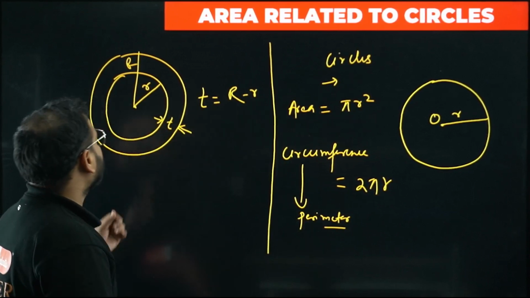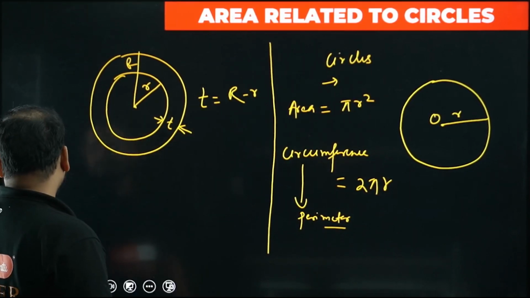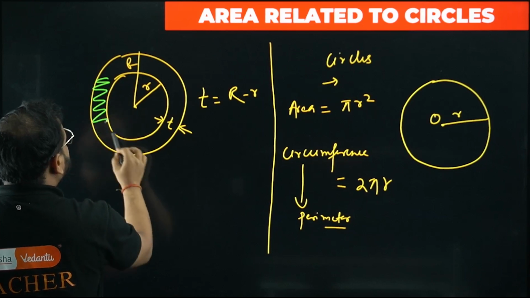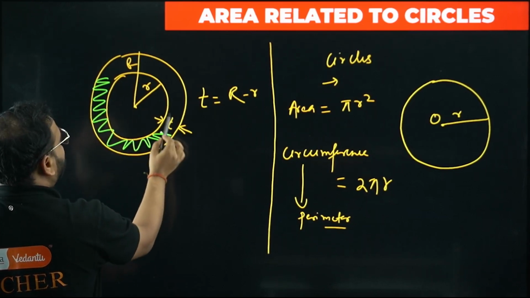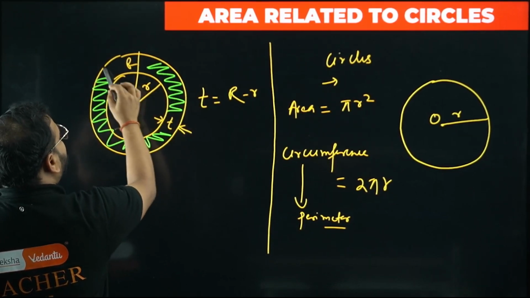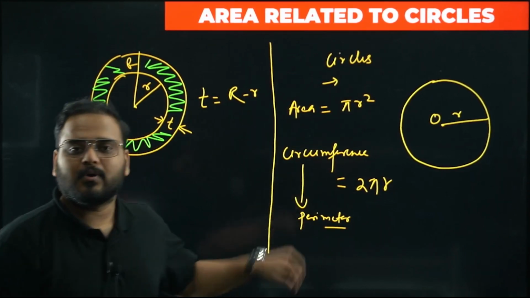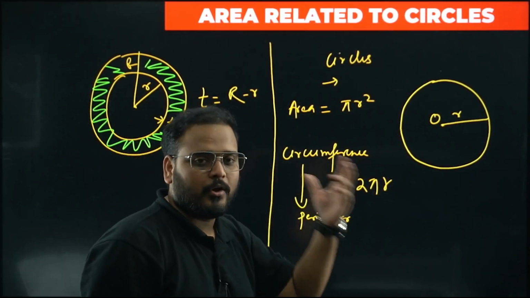Okay, chaliye, great. Now what about this? There's one more thing, bacha, over here. It's called the area of this circular ring. Sometimes it's a track or pathway, whatever it is. Along a park they put a circular track where you run in the morning, go for a jog.